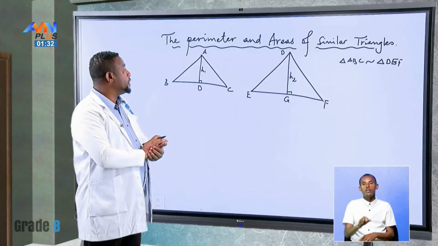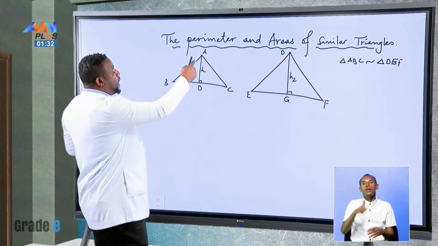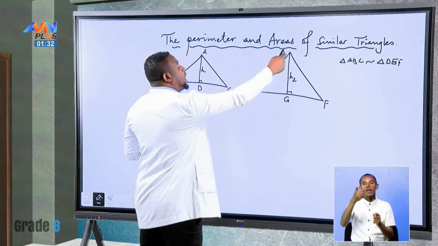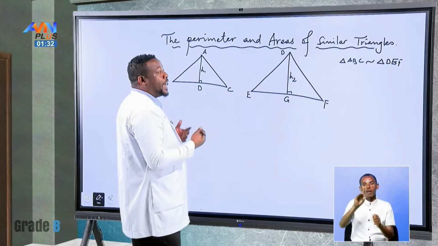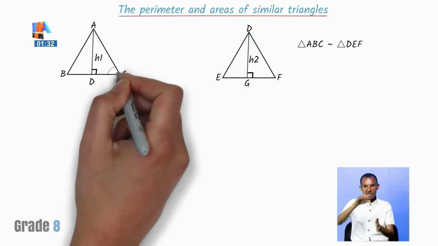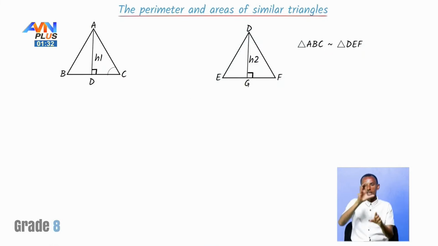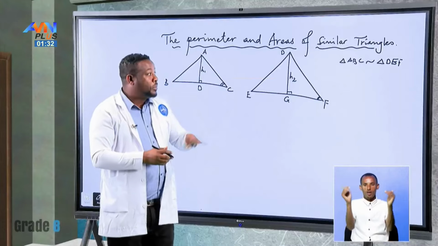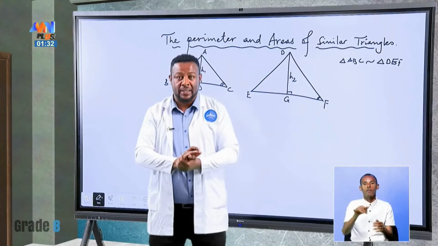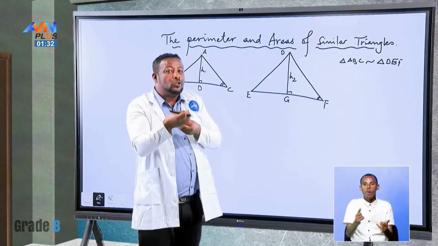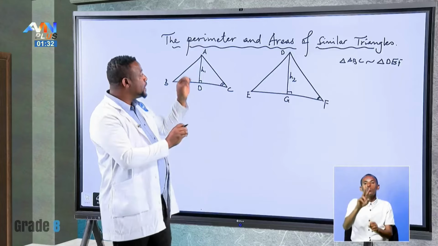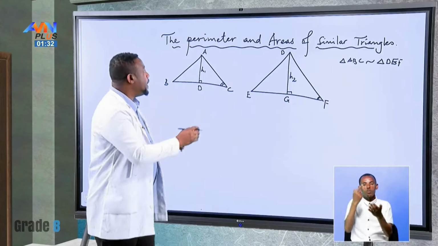Here, if these are altitudes, they form 90 degrees, right? The other thing is triangle ABC is similar to triangle DEF. That means angle C and angle F are congruent because of the similarity of the two triangles. Now I need you to take two other triangles from these two figures, okay?